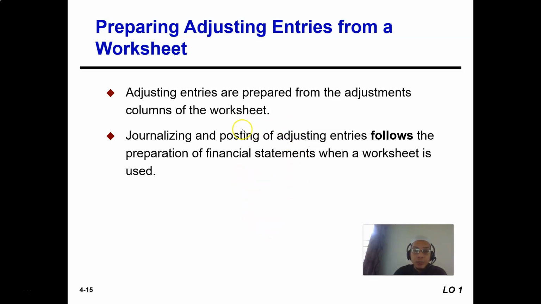But if we do not prepare a worksheet, then we need to do the adjusting entries before we prepare our financial reports. Otherwise, when we carry the balances from our trial balance into our income statement and balance sheet, we will be bringing in incorrect or un-updated balances. Therefore, we prepare our adjusting entries from our worksheet.